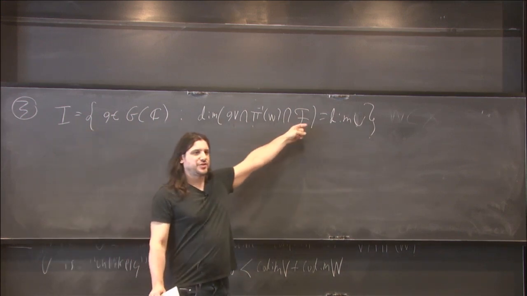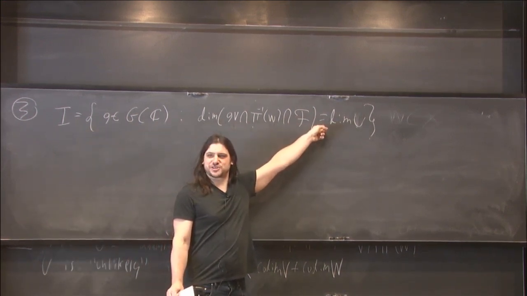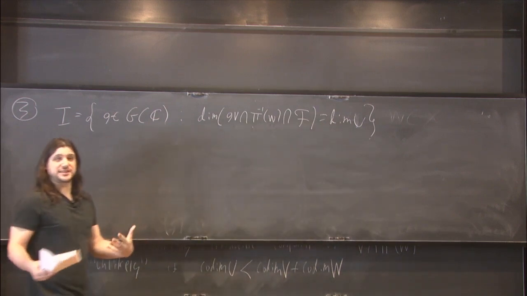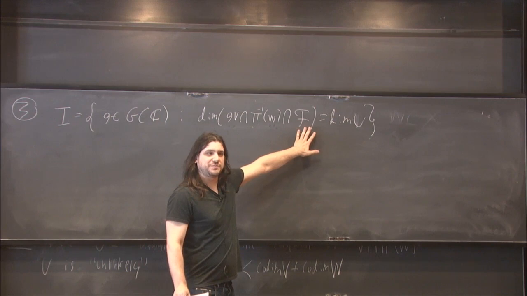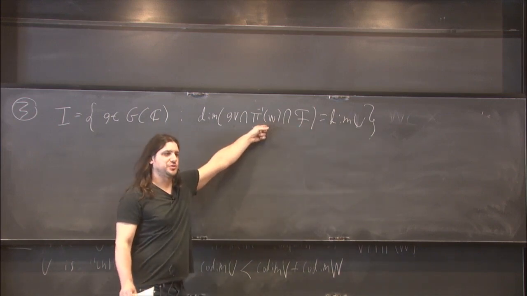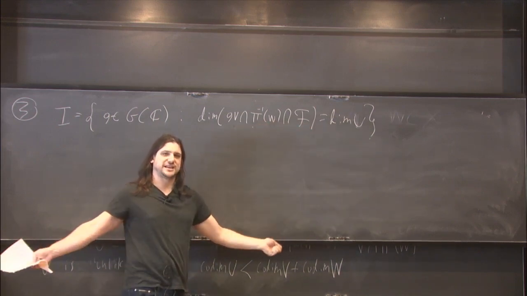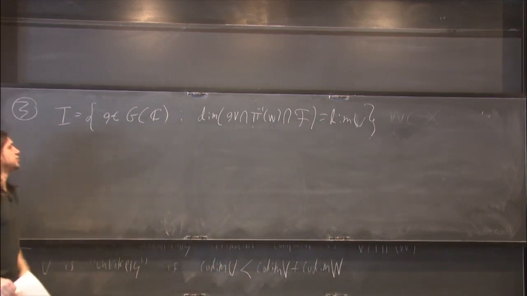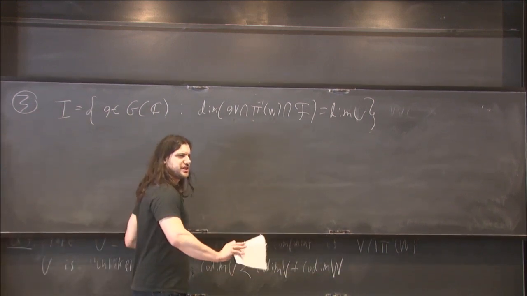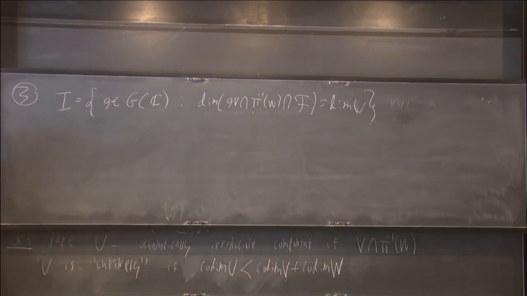The reason this F is here, which makes the picture more annoying, is because we want something tame, something definable. If we didn't put the F there, this wouldn't be definable because pi inverse W is too complicated a set. It's a periodic set, and that's bad. So we include this fundamental domain to make things good. If I've explained this poorly, it's not so important for the rest of the talk, but it becomes important in the weeds of things.